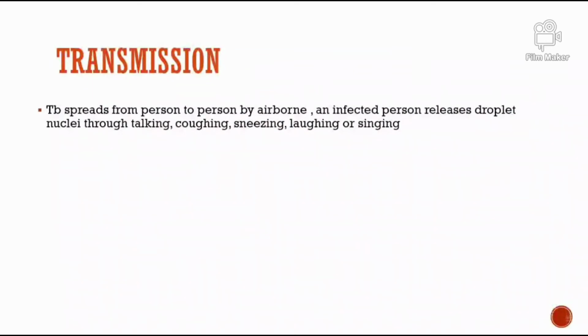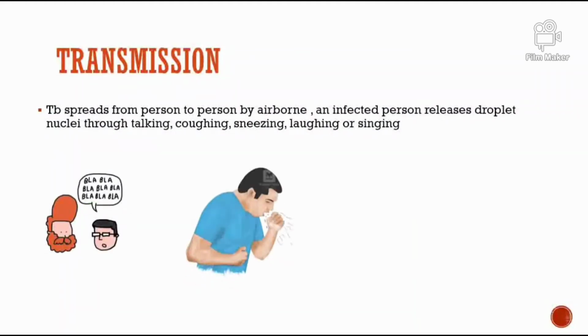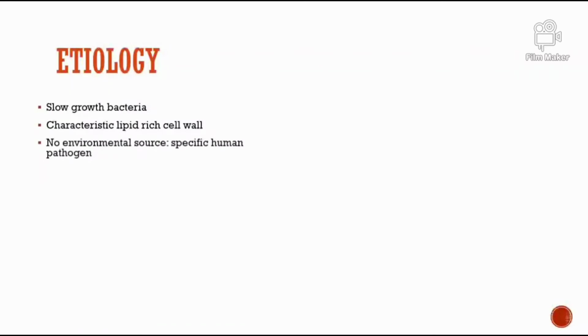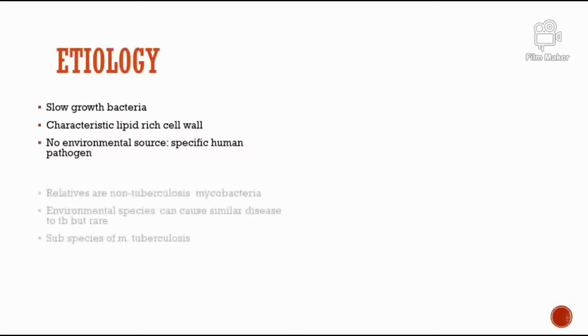So, the means of transmission: TB spreads from person to person by airborne route. An infected person releases droplet nuclei through talking, coughing, sneezing, laughing, or singing. Then the etiology: it is a slow-growing bacteria with a characteristic lipid-rich cell wall, with no environmental source, and is a specific human pathogen.